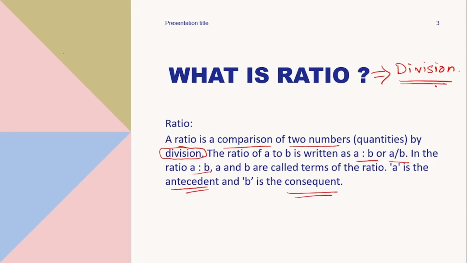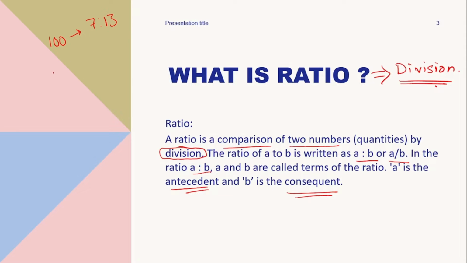Now there will be a question like this: you have to divide 100 into two parts in the ratio 7 is to 13. What will be the procedure?